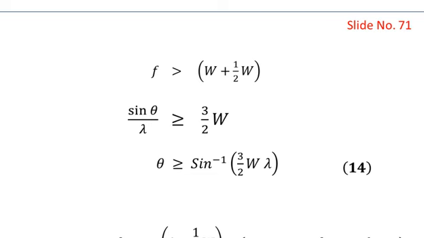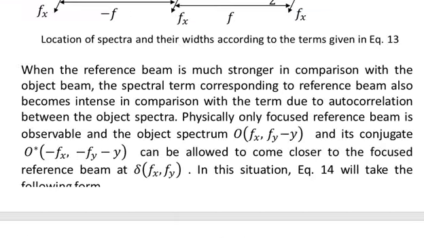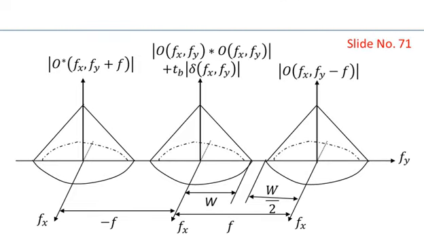And from here you can find the value of angle theta, so theta should be greater than or equal to sin inverse of 3 by 2 w into lambda, as given by equation number 14. So this provides you the minimum value of angle theta that you can use in order to make the two side terms separated from the central term.